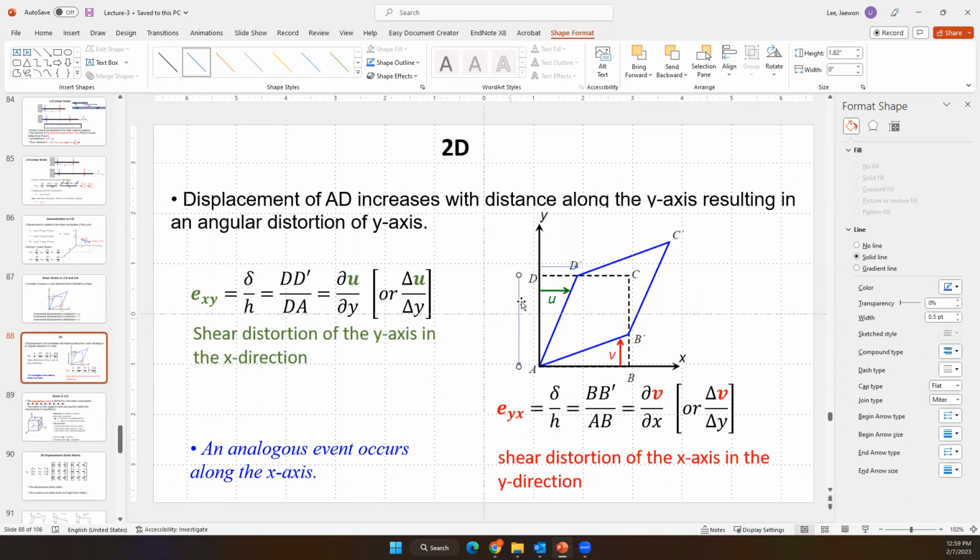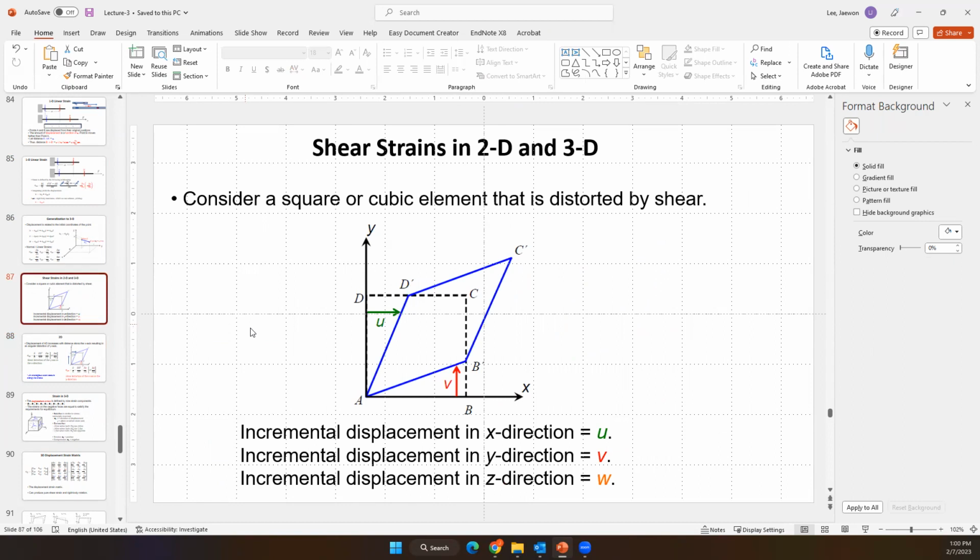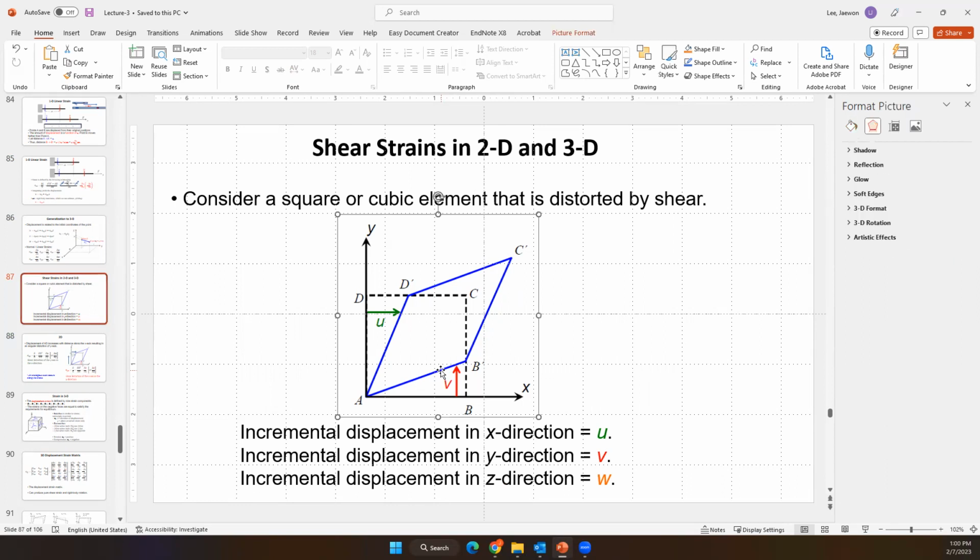Let me double check it. But this direction. Shouldn't it point upwards? Because in the previous slide I thought the load was in the positive y direction.